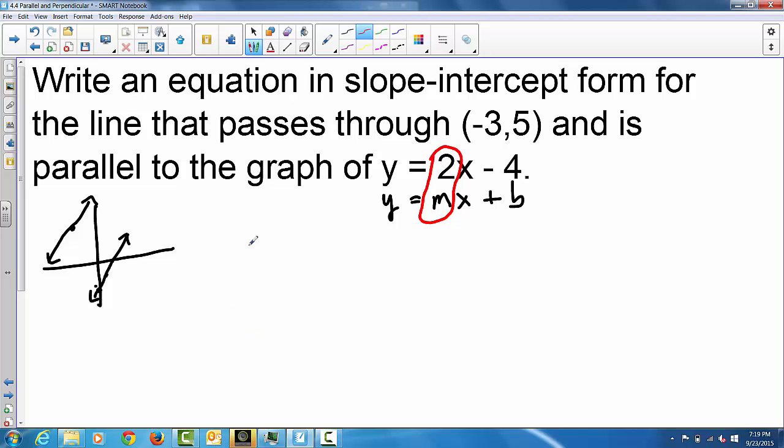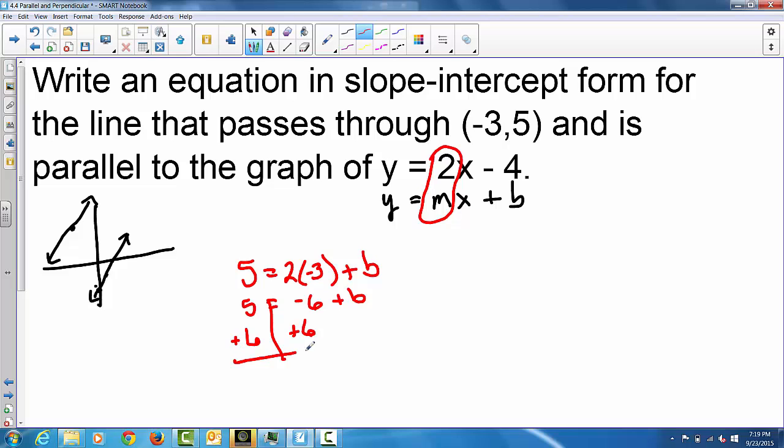So we come over here and we go y, and y is 5, so 5 equals, y = mx + b, and the m is 2, so we put a 2 right here, and the x is -3, plus b, so we're finding the y-intercept. So we go 5 = -6 + b. We add 6 to both sides, and that gives us 11 = b.